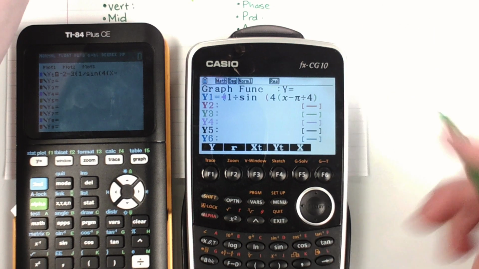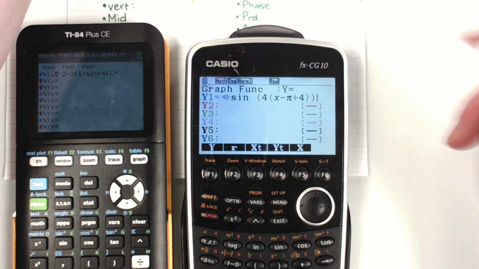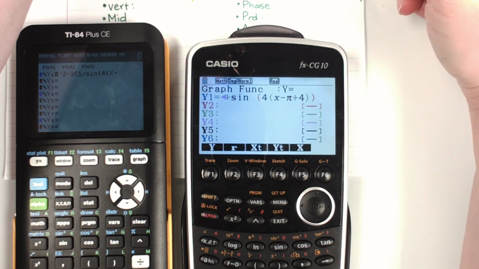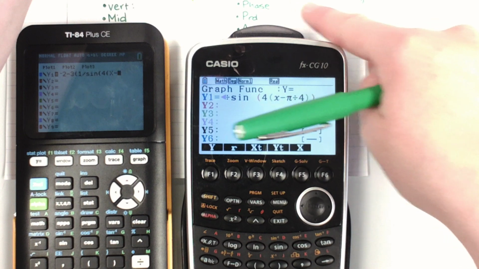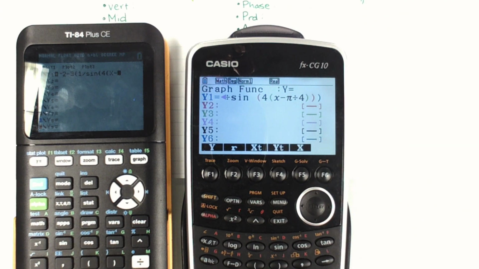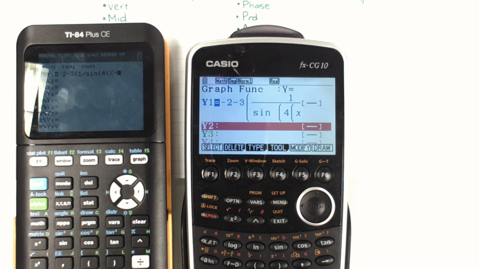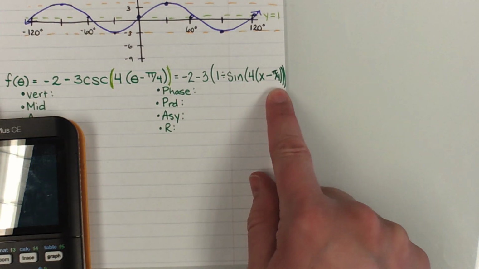I close the parentheses that was there. I close the parentheses around sine, and I close the parentheses that was around what made it cosecant, that 1 divided by. So I need 3 closed parentheses. All I did was draw in closed parentheses. I didn't know if you wanted to see.